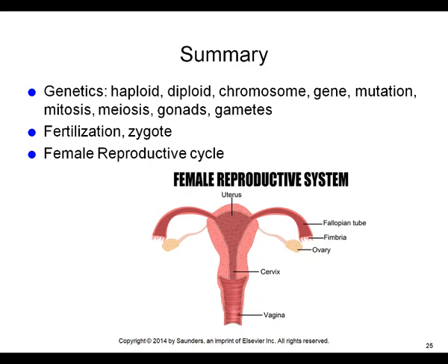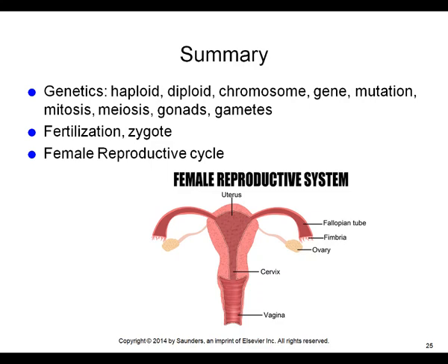The corpus luteum is, of course, what the follicle turns into after ovulation, and all of this is ultimately controlled by the pituitary gland from FSH and LH, follicle stimulating hormone and luteinizing hormone. Those two hormones are released from the pituitary gland, and they have different effects on the ovary, but ultimately control the secretion of estrogen and progesterone from the ovary.